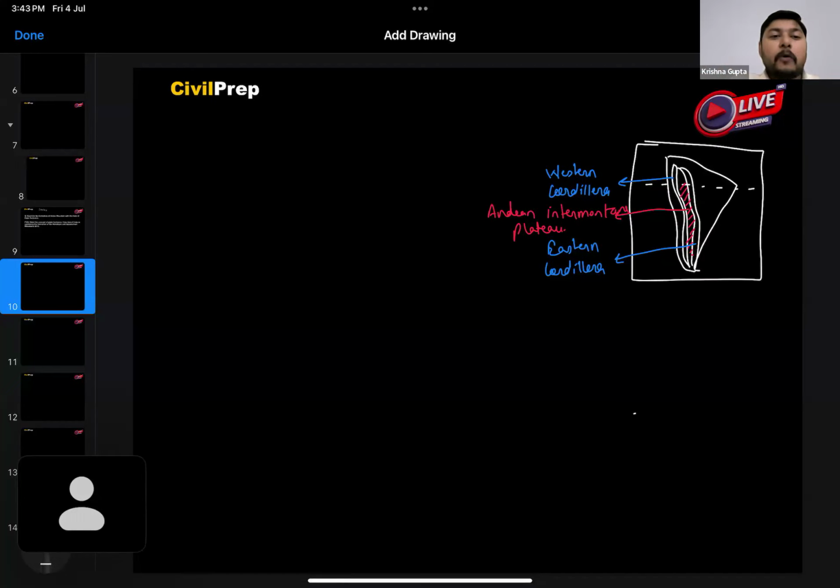Now, when we are talking about the formation of Andes, here we need to include certain points with respect to what happened in the background. So we'll be giving a very short introduction here.